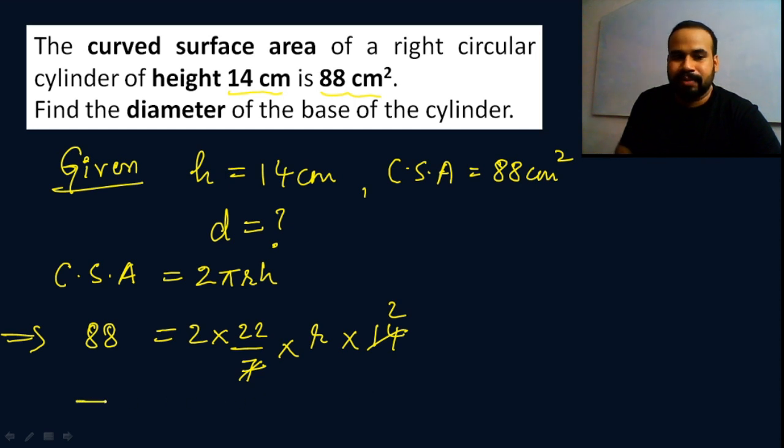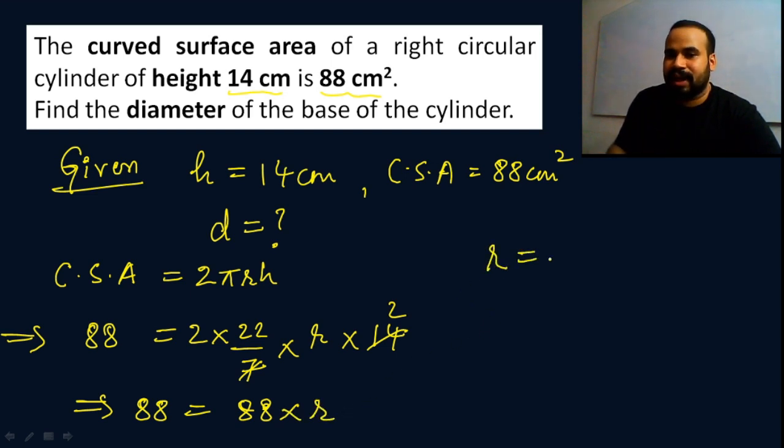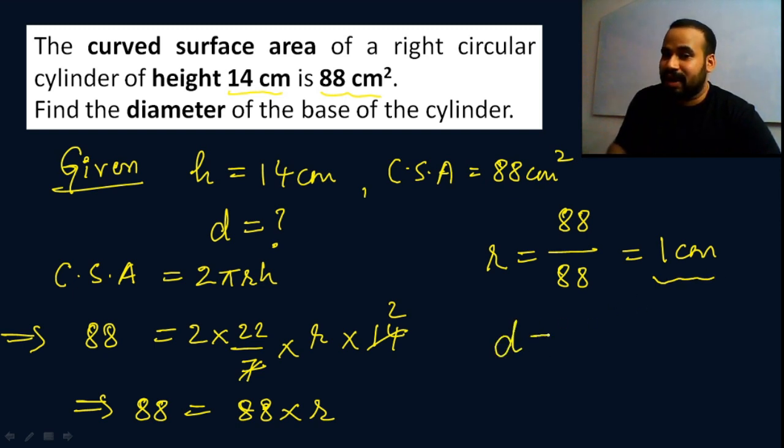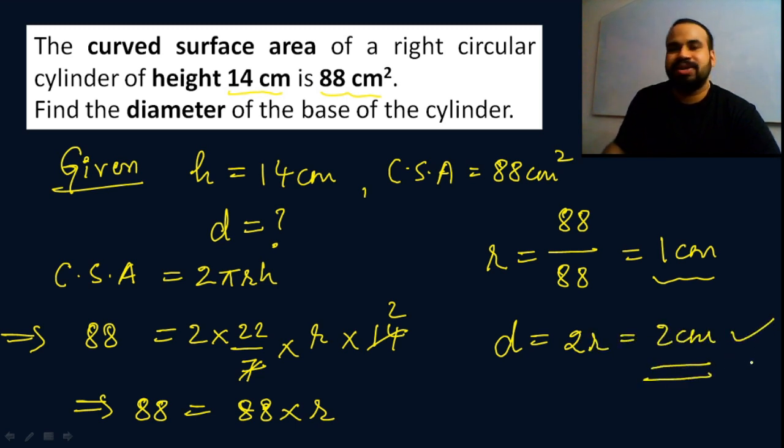So that becomes 88 is equal to 88 into r. So we get the radius as 88 by 88, which is 1 centimeter. If the radius is 1 centimeter, diameter will be 2r, which is 2 centimeters. Hence, 2 centimeters.